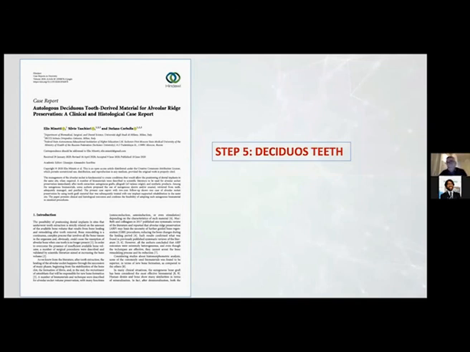So this source of graft material is free. The only question is to maintain it over time, and it's possible to store it, as I showed you before, in a plastic container, with a good result after 20 years.